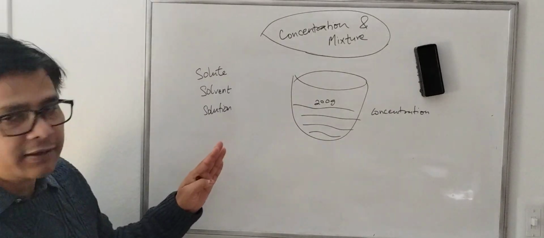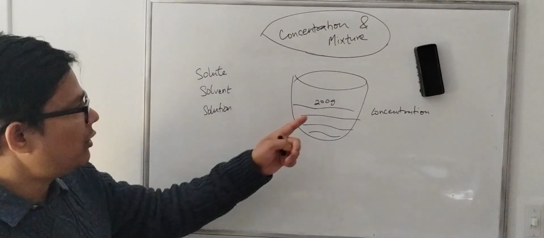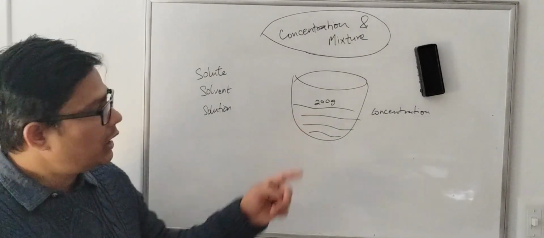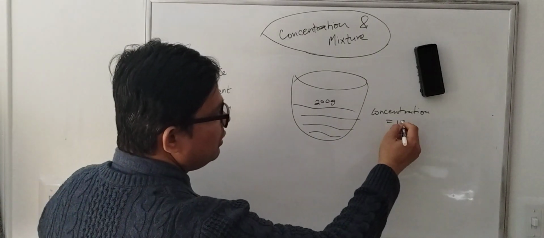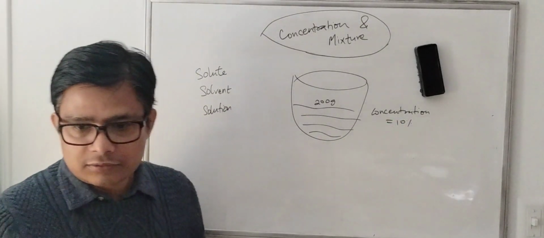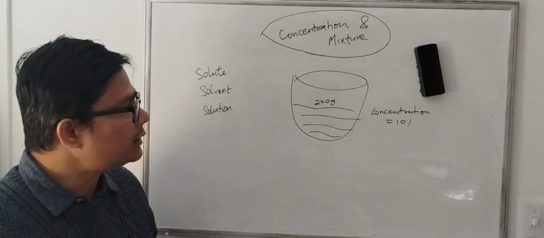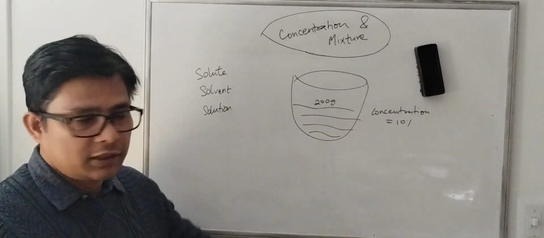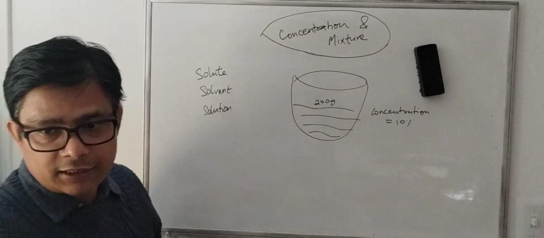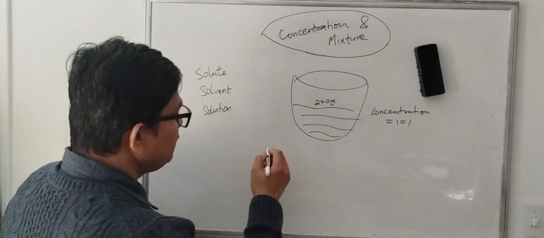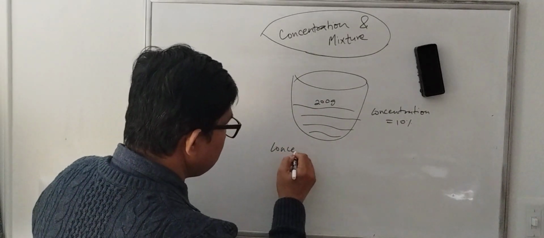So let's say I make a sugary drink of 200 gram and I say the concentration is 10%. Can you find the amount of water and amount of sugar if 10% is the concentration and the solution amount is 200 gram? So let's write the formula here.